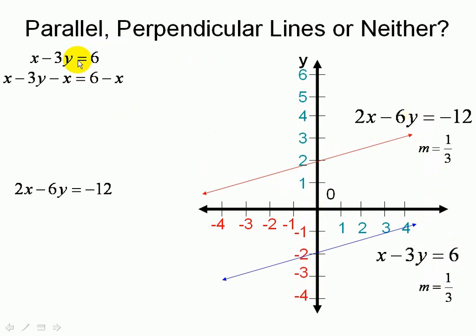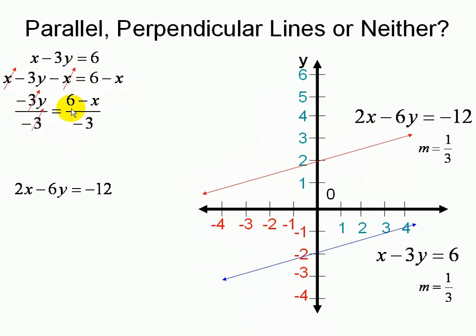So solving the top equation, x minus 3y equals 6, we want to isolate y as our objective. We subtract x from both sides of this equation. The x cancels out on the left side, and here we have negative 3y and 6 minus x, so we divide by negative 3 to isolate y.